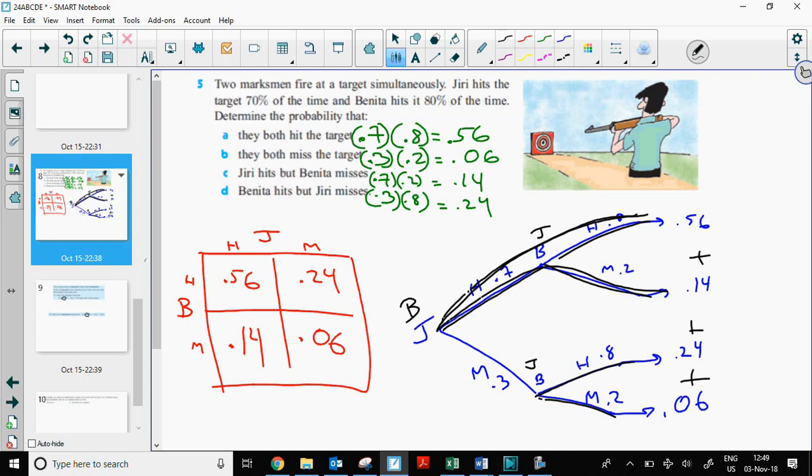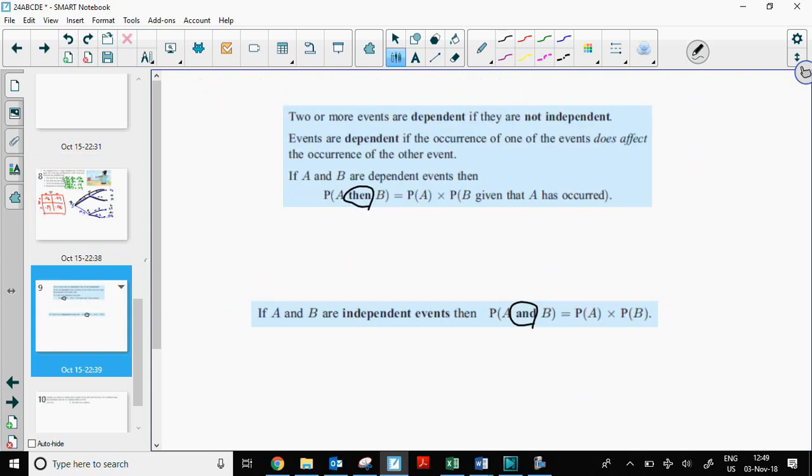It's not going to change the values of any of our answers because they're independent of each other. So whether it was "then" or "and," it didn't matter. However, in the problem that we're about to see, it's very important that we interpret the question as having a time component so that we can analyze how the probability of one event is changing based upon the outcome of another.